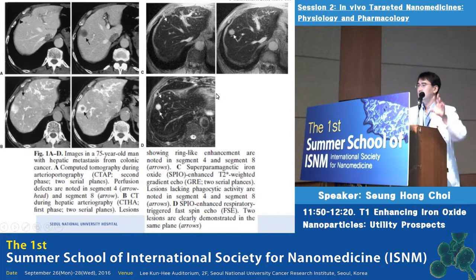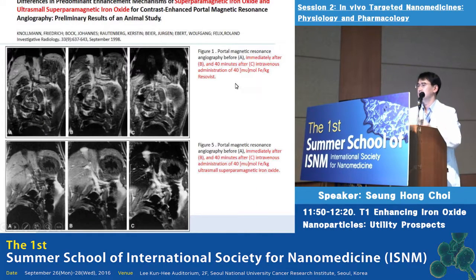During these 10 to 30 minutes, we can do other imaging sequences, such as MR angiography for vascular imaging. Actually, the T2 agents also have a T1 shortening effect.